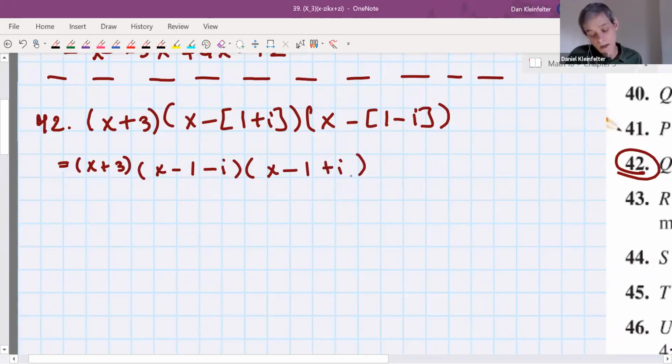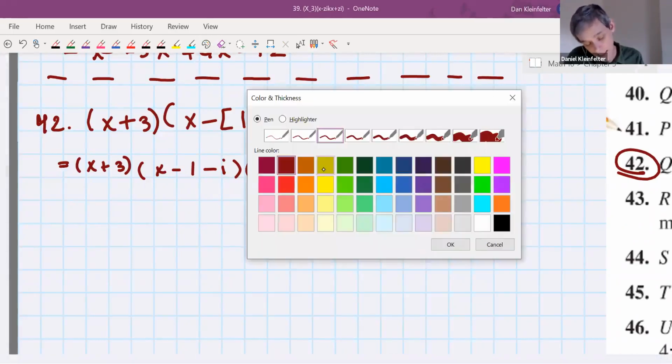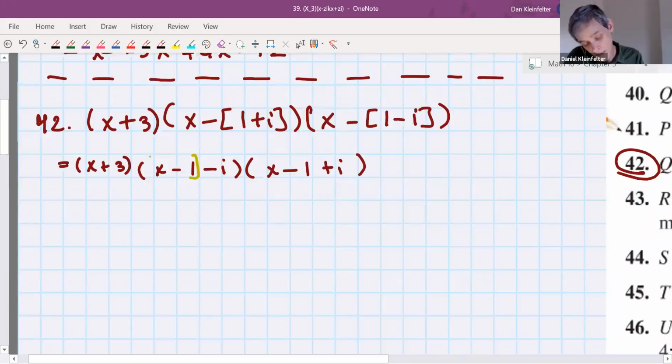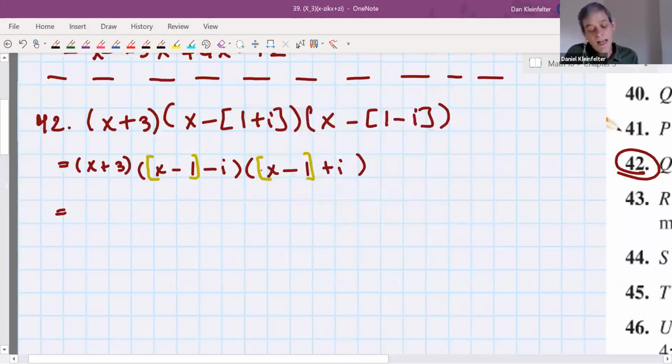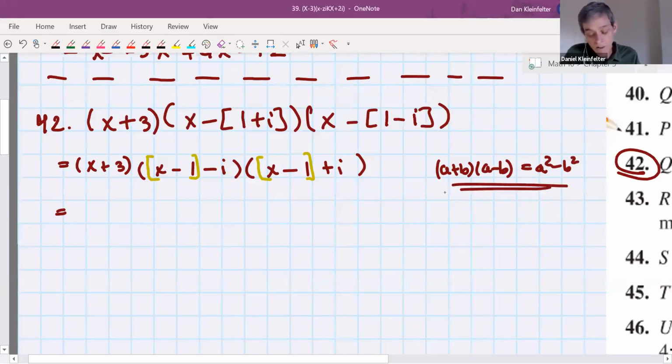The reason for doing that is so that I can reassociate these. We'll have x minus 1 in 2 places, and so this is now a pair of conjugate binomials. I know a plus b times a minus b is a squared minus b squared, so we're going to use this difference of squares formula to multiply that out.